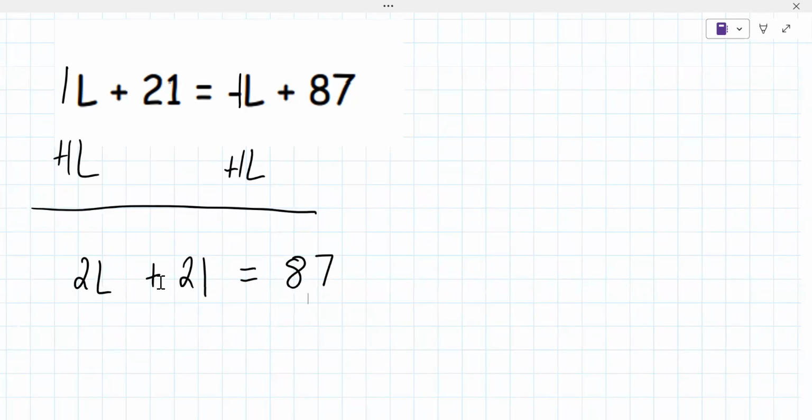And then after that, why don't you try solving this from here? 2L plus 21. So minus 21. Keep going. Okay. $66.